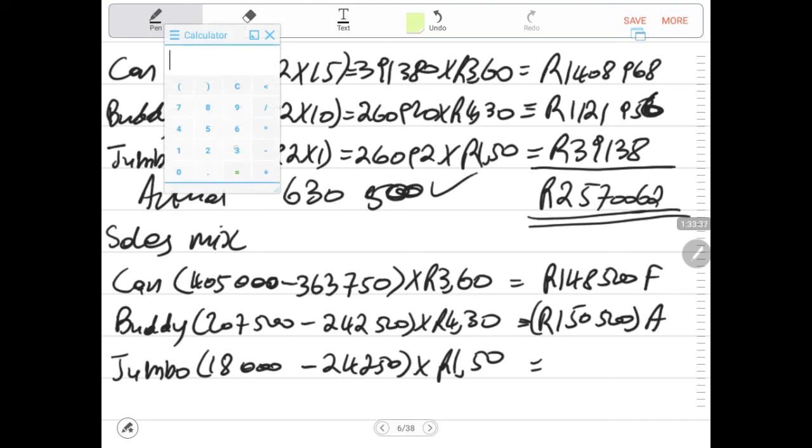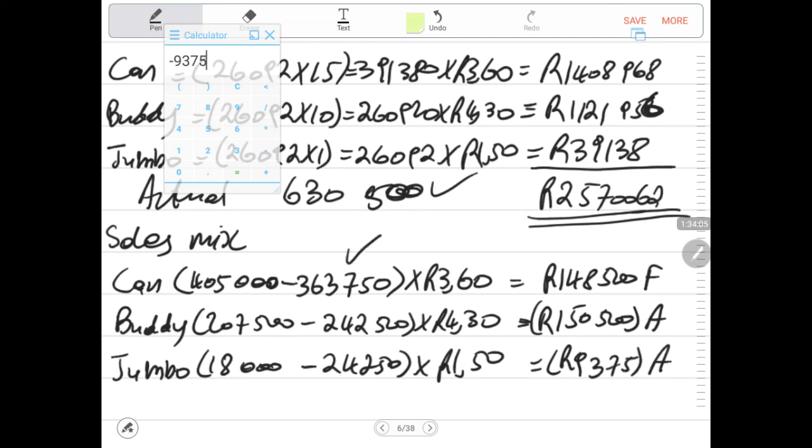The jumbo one, it is 18,000 that was actually sold, but we were supposed to have sold 24,250. So we sold less than our standard mix, times 1.5, then the 9,375 becomes unfavorable, it is adverse.